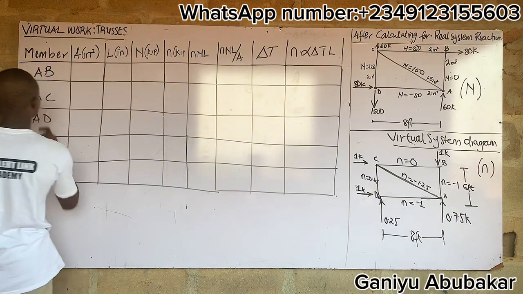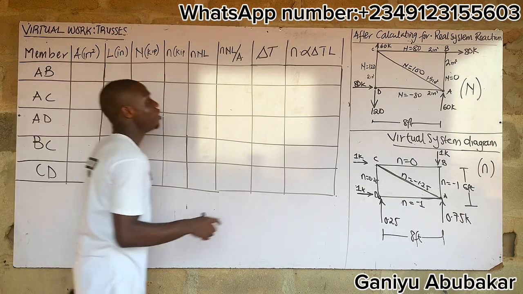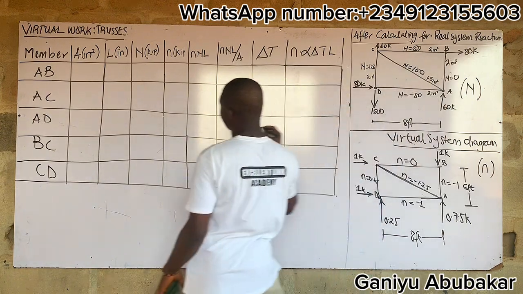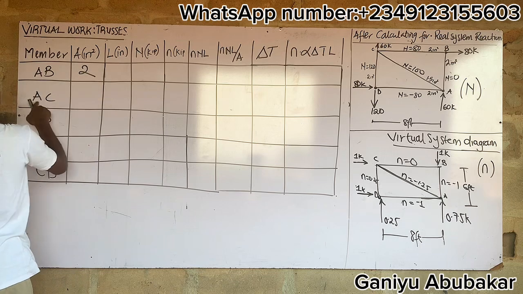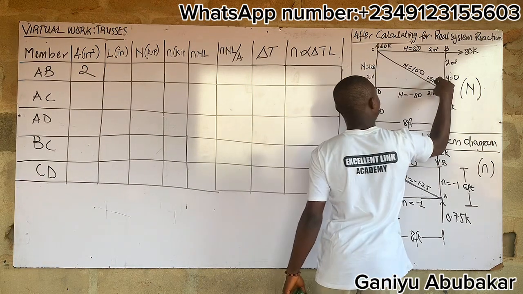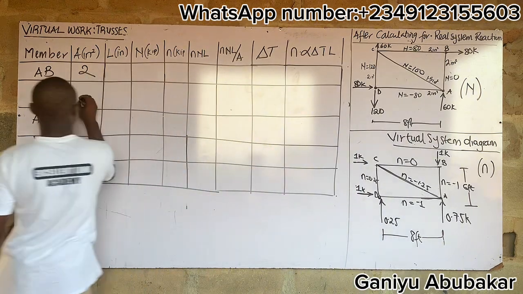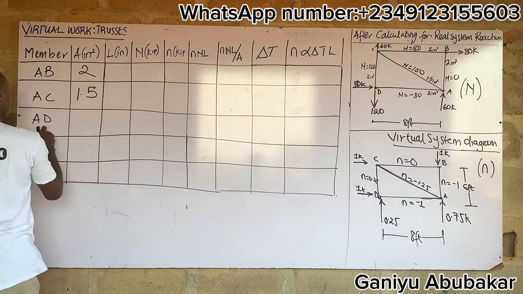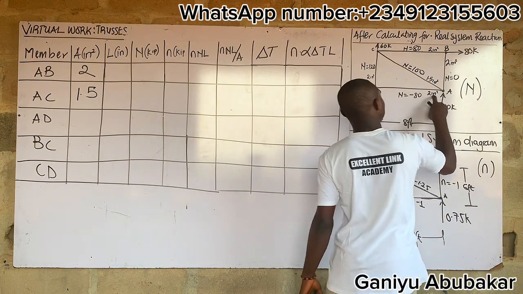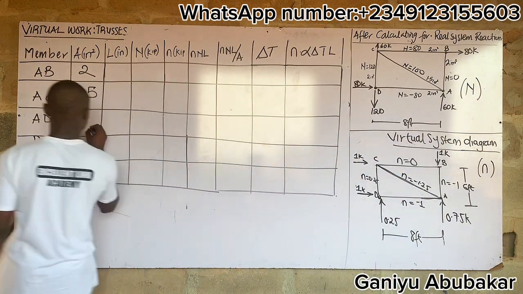So help me check please. AB, what's the area there? For AB, area is what? 2-inch square. So I have 2. AC, observe. AC, area there is what? 1.5. I have 1.5 there. What's AD? Check please. This is A and D. Area is what? 2 inches there.